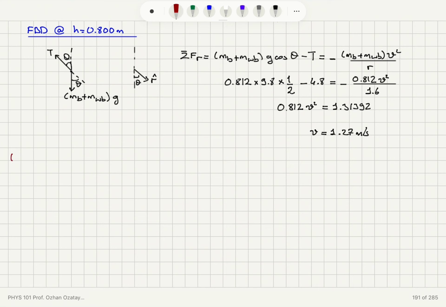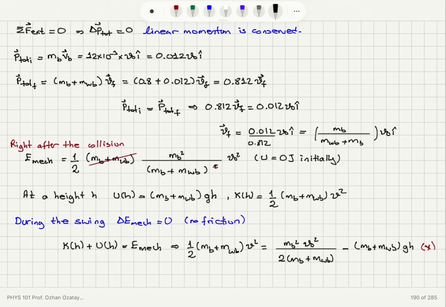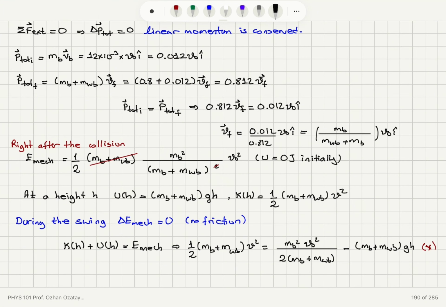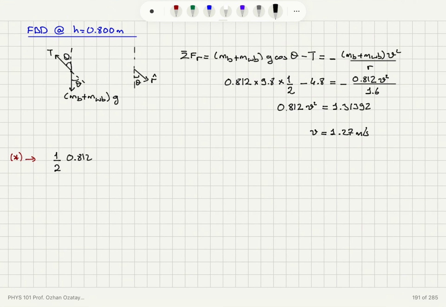So the star equation gives us 1/2 total mass 0.812 v square. Now what is v square? To be more exact, it is 1.31392 divided by 0.812. That was v square here.